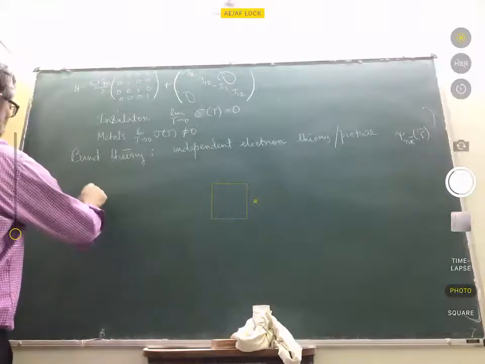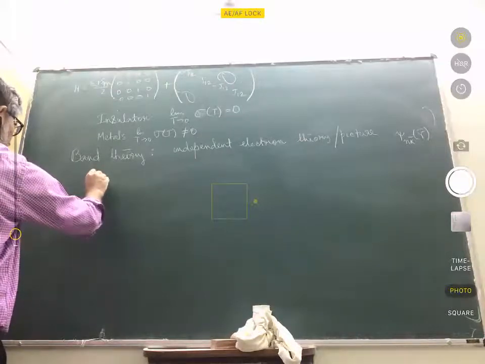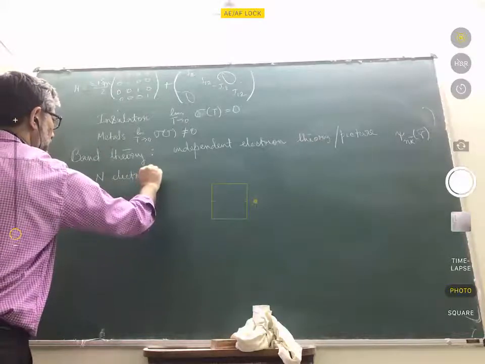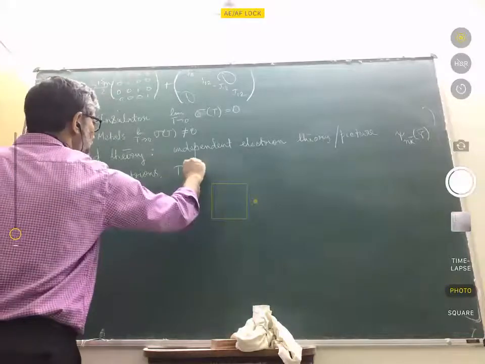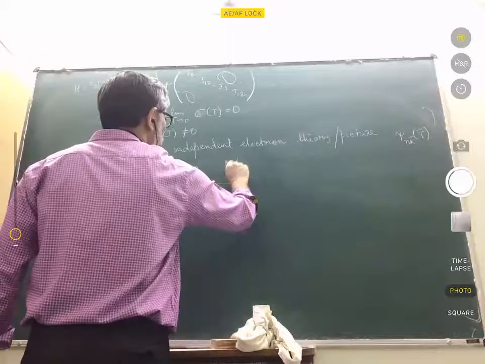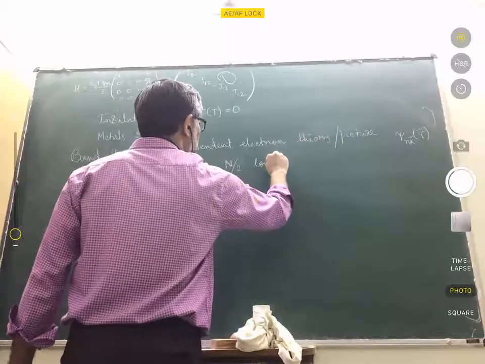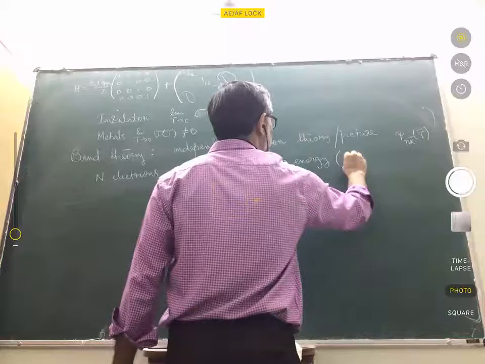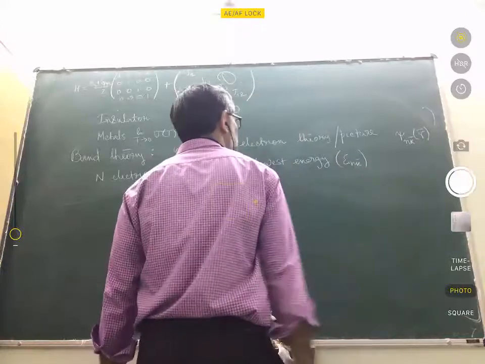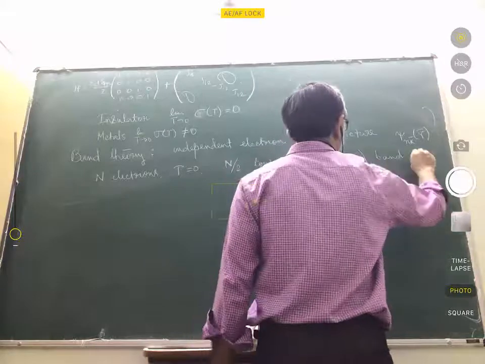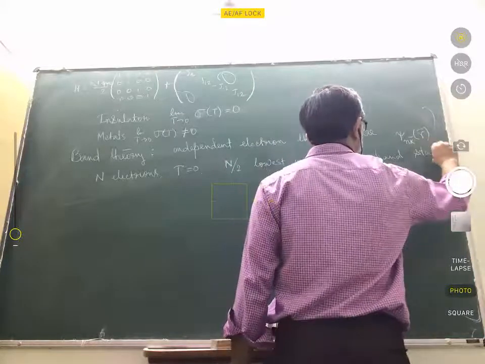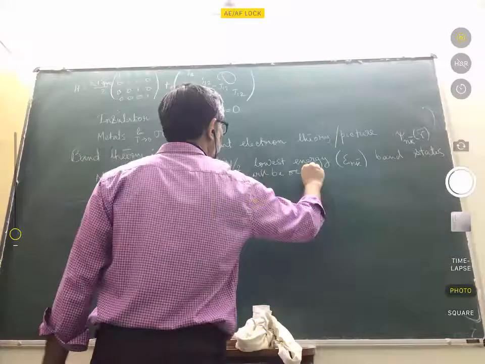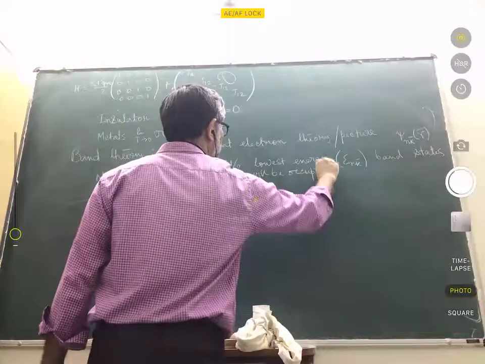If at T equal to 0 there are N electrons, then the N by 2 lowest energy band states will be occupied, and the rest will be unoccupied.